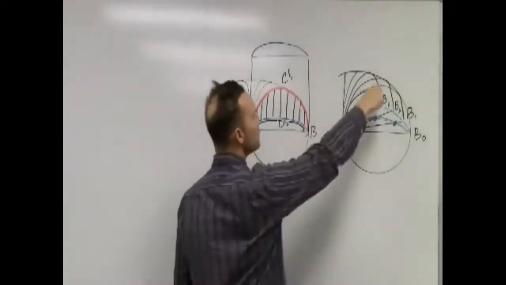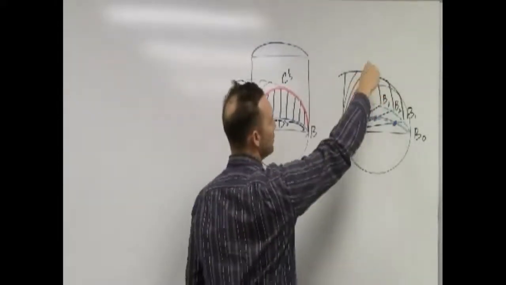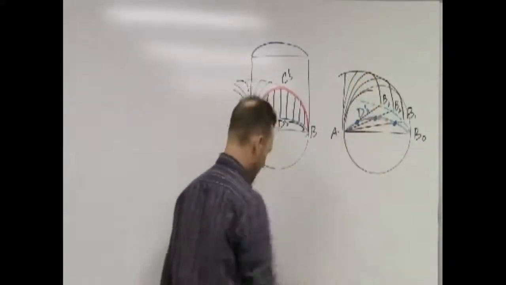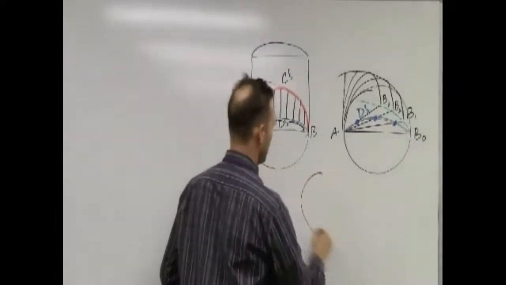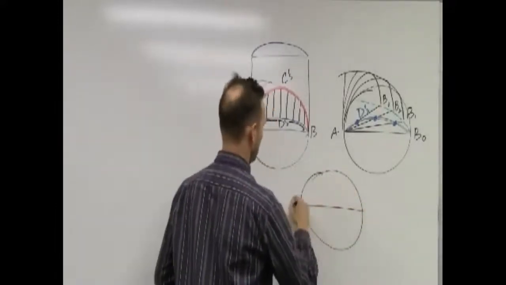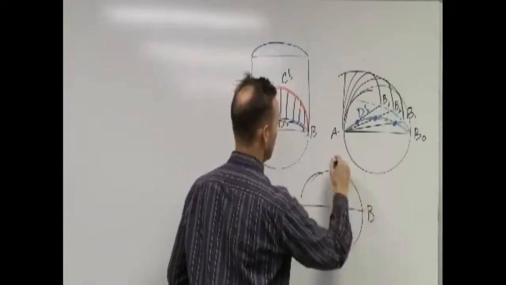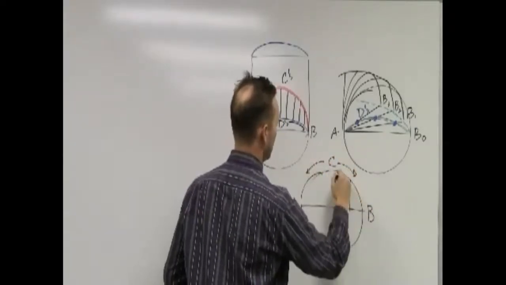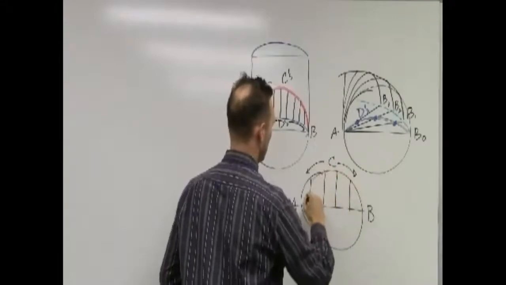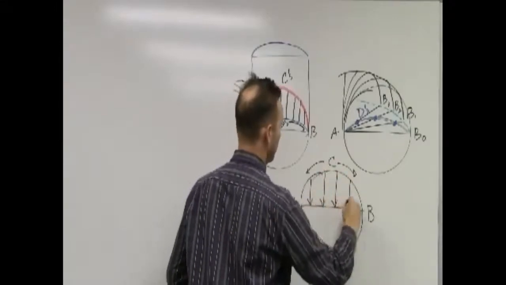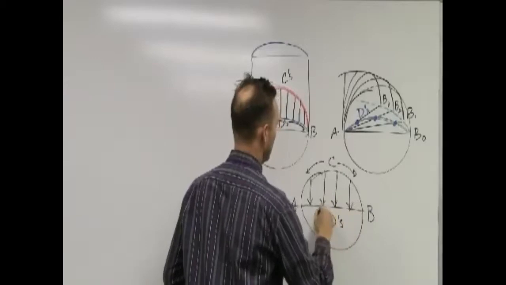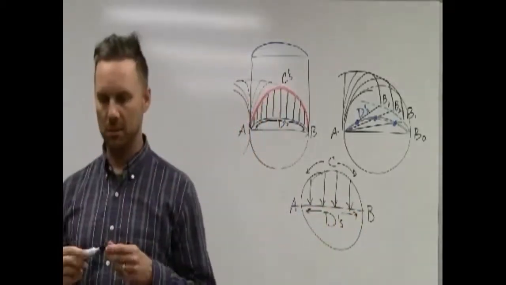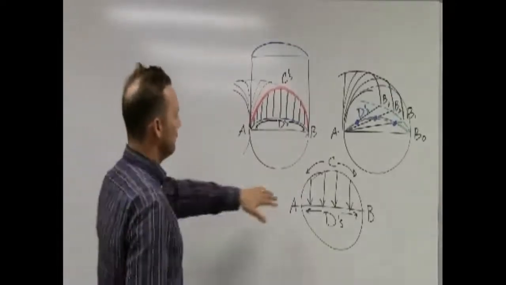And if all the C's are on the top of the torus, then going straight down to the diameter between A and B gives us all the possible D's.